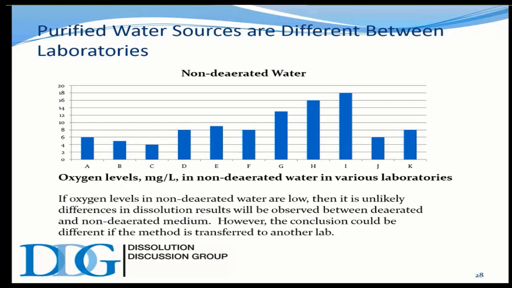Some of these larger ones, the laboratory G, H, and I, most assuredly are coming from some type of ion exchange or reverse osmosis system where pressurized water is used. So understand what you're dealing with, and throughout the day, of course, these levels can change as well. It may start off very high and then drop during the day, or vice versa, depending on when the plant is generating the most water at high demand periods.